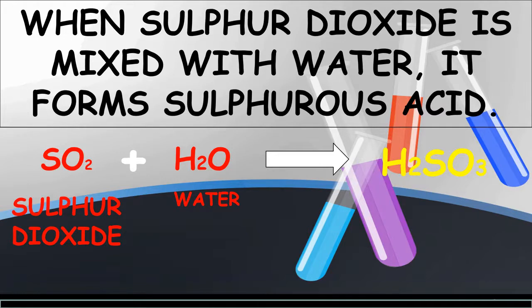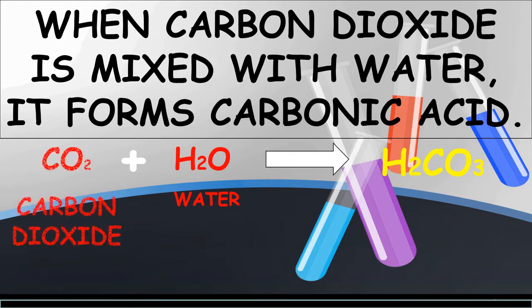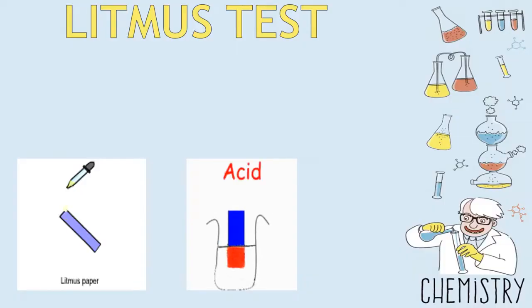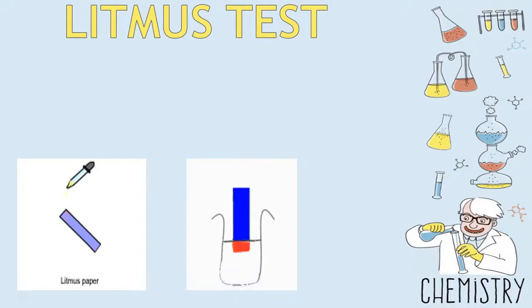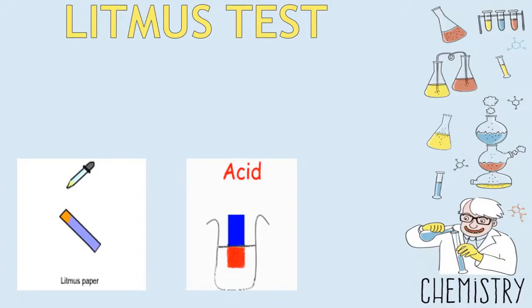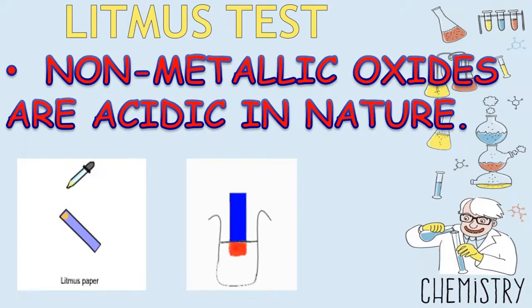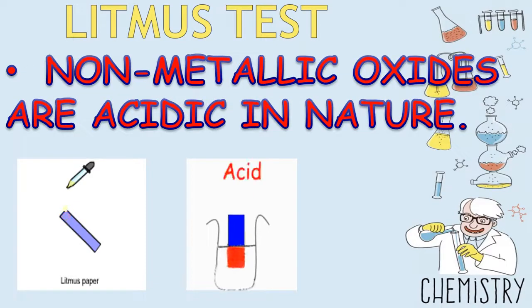When sulfur dioxide is mixed with water, it forms sulfurous acid. Similarly, when carbon dioxide combines with water, it forms carbonic acid. And then it is found that they convert blue litmus into red, which shows that non-metallic oxides are acidic in nature.